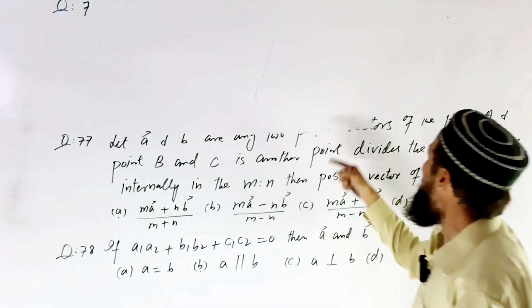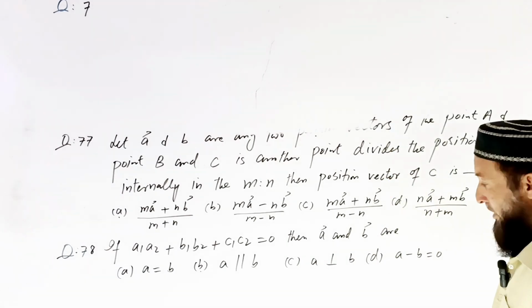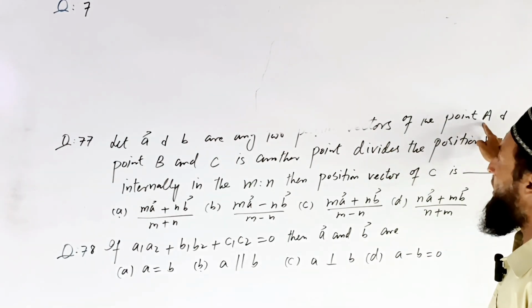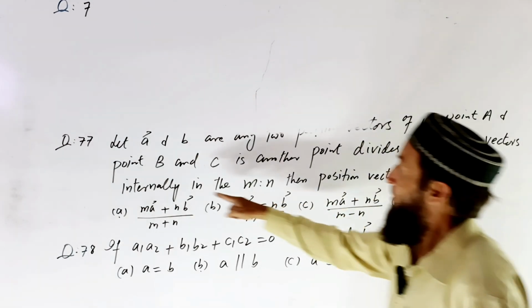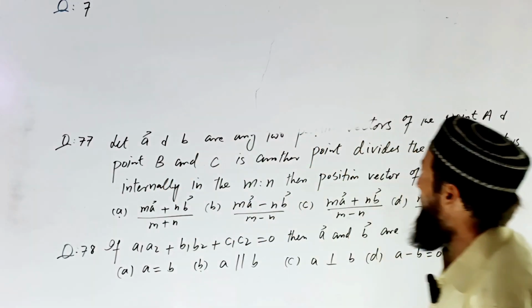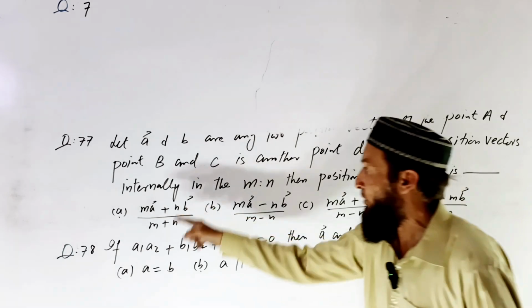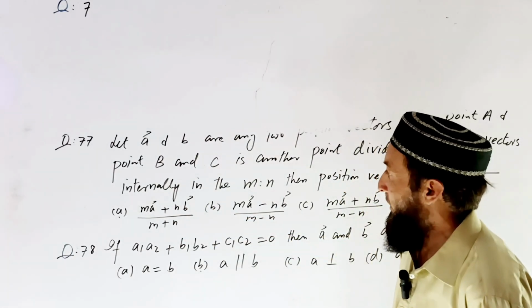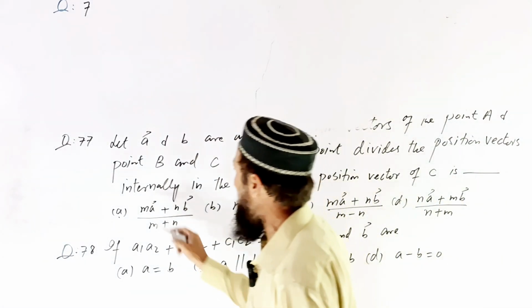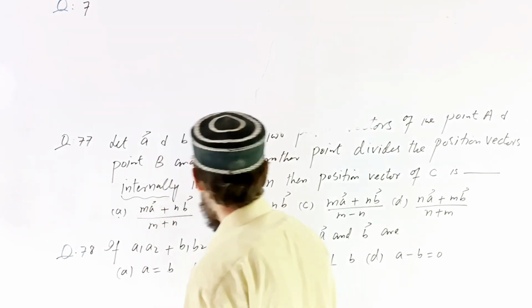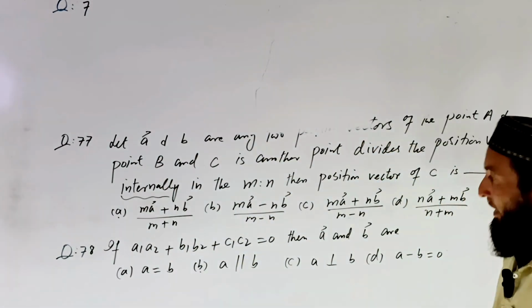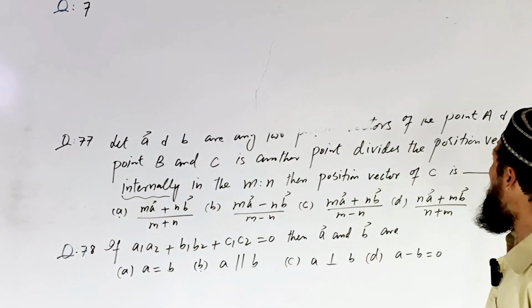A and B are the position vectors of point A and point B, and C is another point. It divides the position vector internally or externally; internally we add the ratio terms, and externally we subtract them.